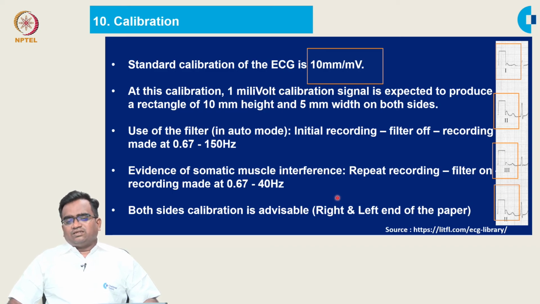After setting the paper speed, we have to calibrate the ECG machine by pressing the calibration button on the ECG machine. If you press the calibration button once, that is a 1 millivolt calibration signal, it is expected to produce a rectangle of 10 mm height and 5 mm width.